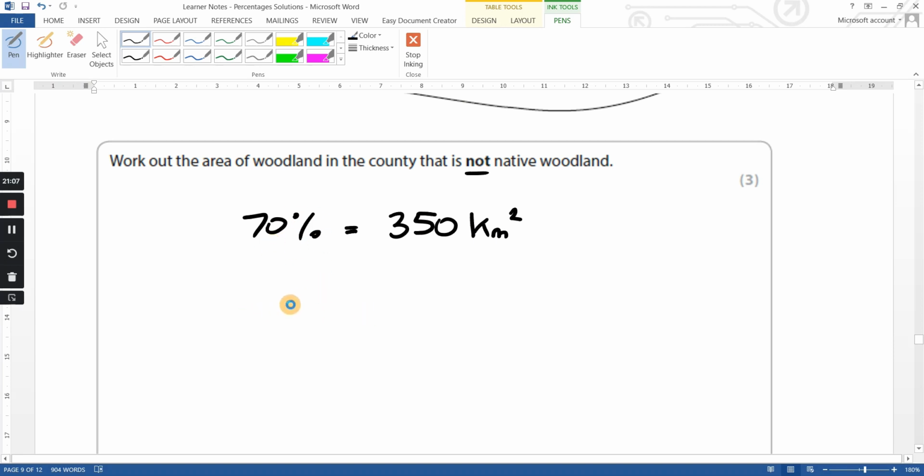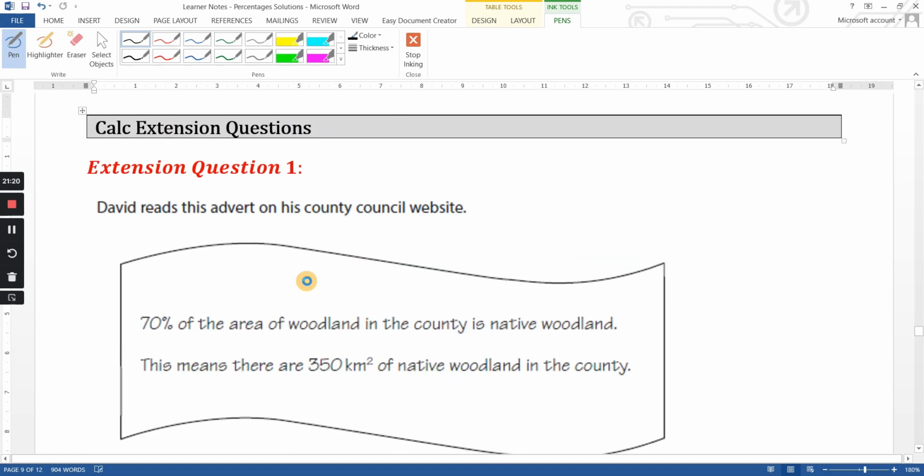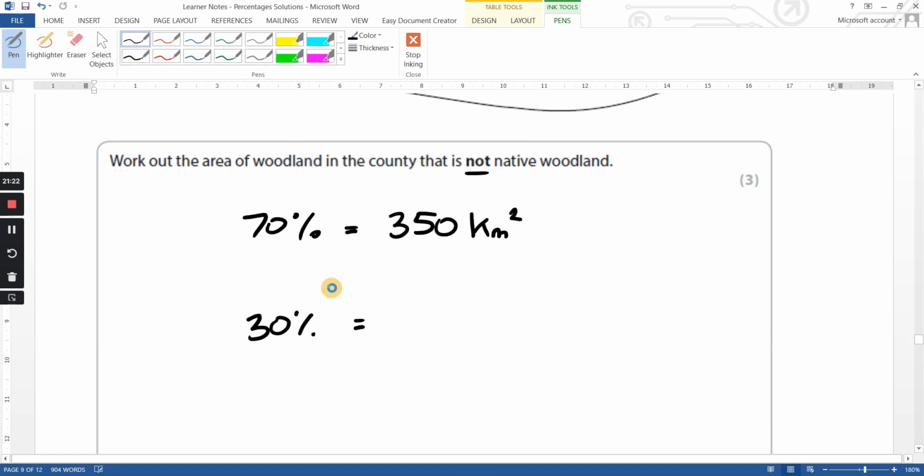Technically we want 30%. How do you get from 70 to 30? This is with the calculator, isn't it? I'm still going to do a step in between though, because I think it just makes it a lot easier. Let's work out 10% first. So this is kind of like reverse percentage. How do you get from this to this?